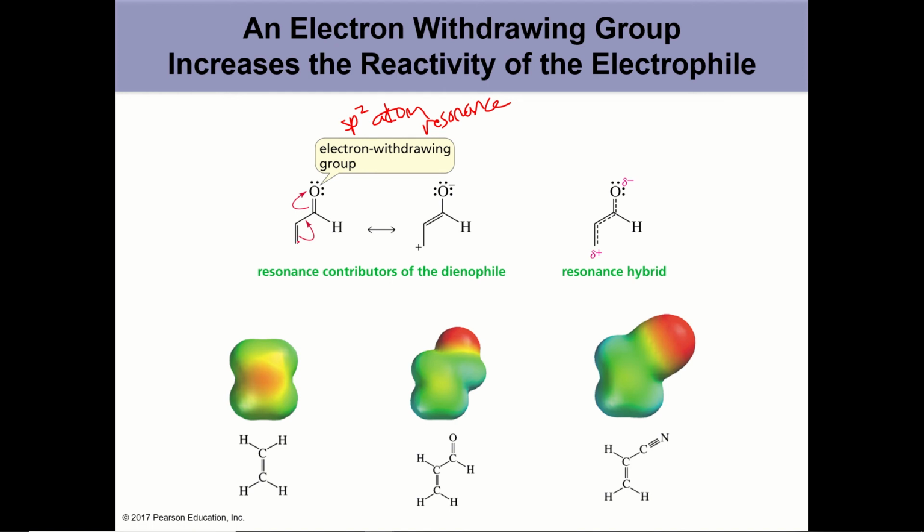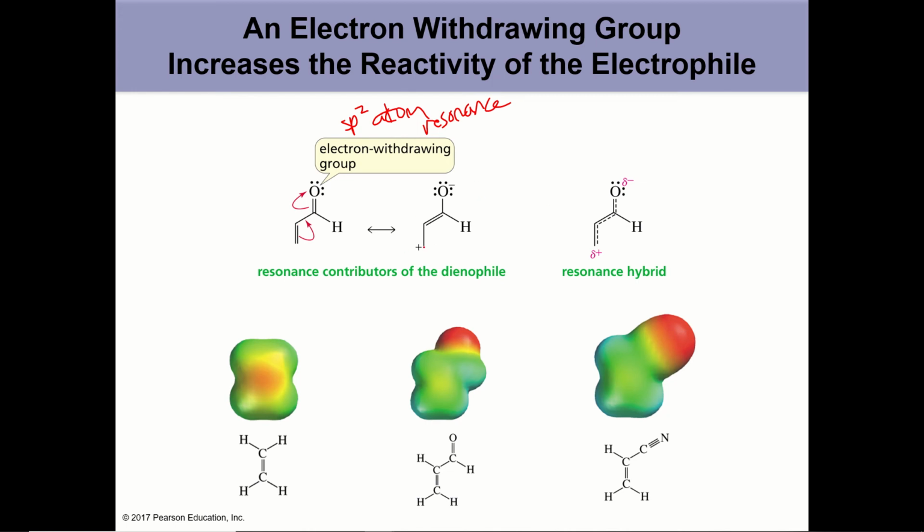Our pi electrons of our dienophile can be moved from the 2 carbons to between the carbon with the to this position where we have to move the pi electrons of the carbonyl group to the oxygen.